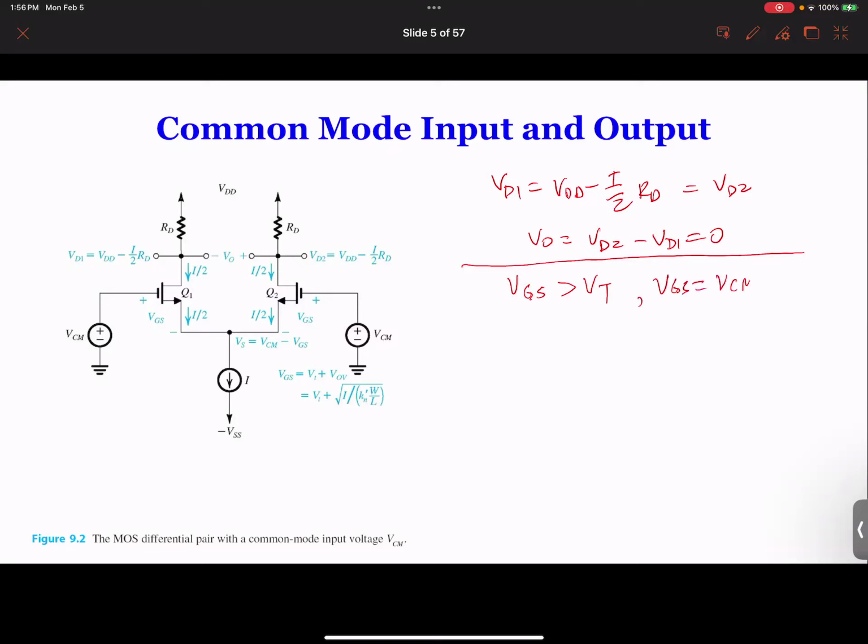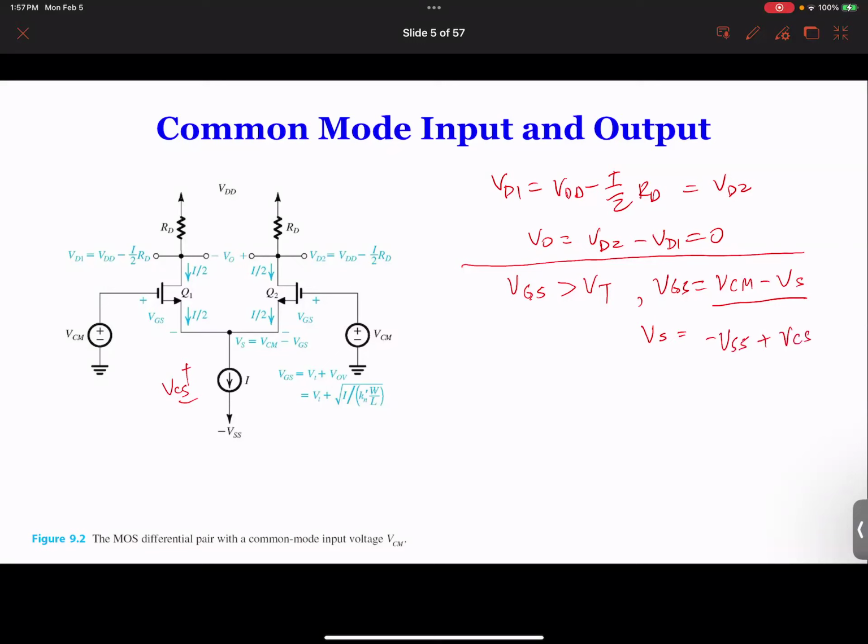Now, in this case, because VGS is equal to VCM minus VS, and VS can be anything. In this case VS is really equal to VCS minus VSS, which means VS is equal to minus VSS plus VCS.